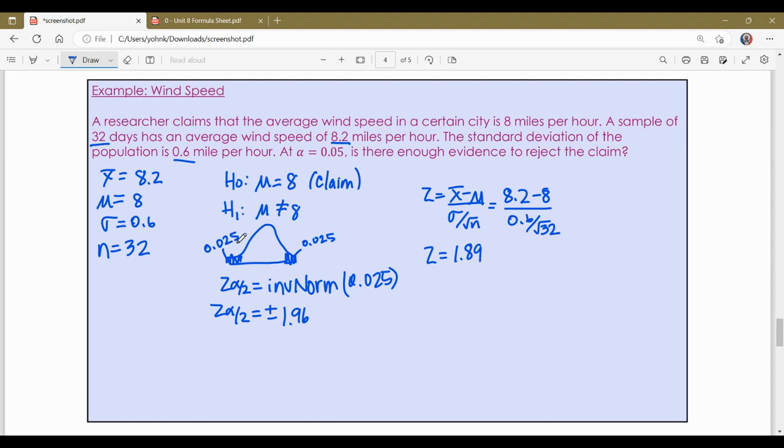So our critical value 1.96 cuts us into 2 sections. 1.89 is not in the shaded region, and so therefore we will not reject the null hypothesis. So since 1.89 is not in the critical region, we do not reject the null.